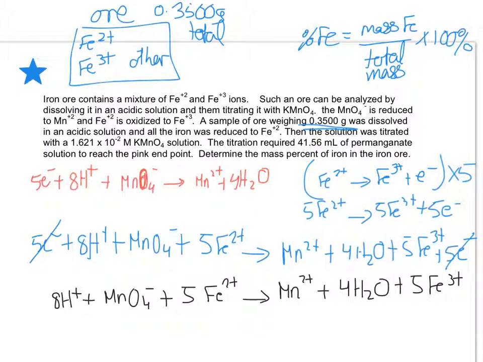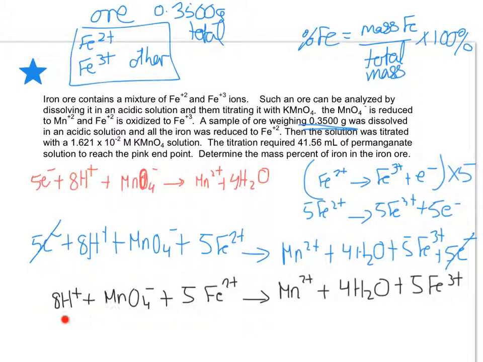Let's check that it's balanced. So hydrogens, we have 8. 4 times 2 is 8. Manganese 1 and 1. Oxygens 4, 4. Irons 5 and 5. The charge, this is plus 7, minus 1, and plus 10.